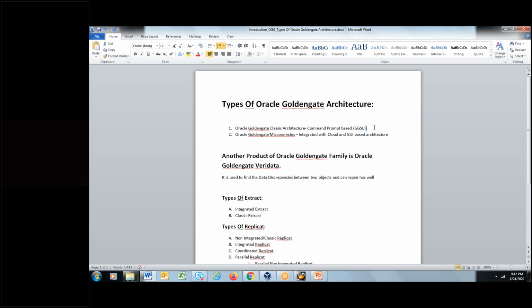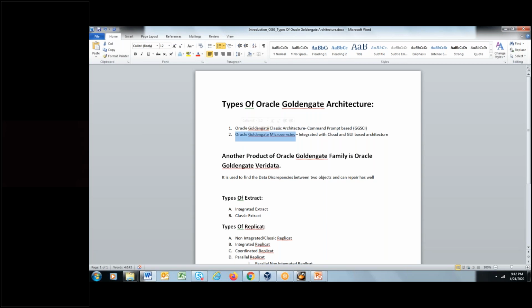And until 2017, we used to call it Oracle GoldenGate. Now, what happened? In 2017, Oracle renamed Oracle GoldenGate to Oracle GoldenGate Classic Architecture. So basically, the existing architecture of GoldenGate, that is GGSCI or the command prompt one, was renamed to Classic Architecture, and in 2017 they launched a new architecture of GoldenGate which is known as microservices architecture.